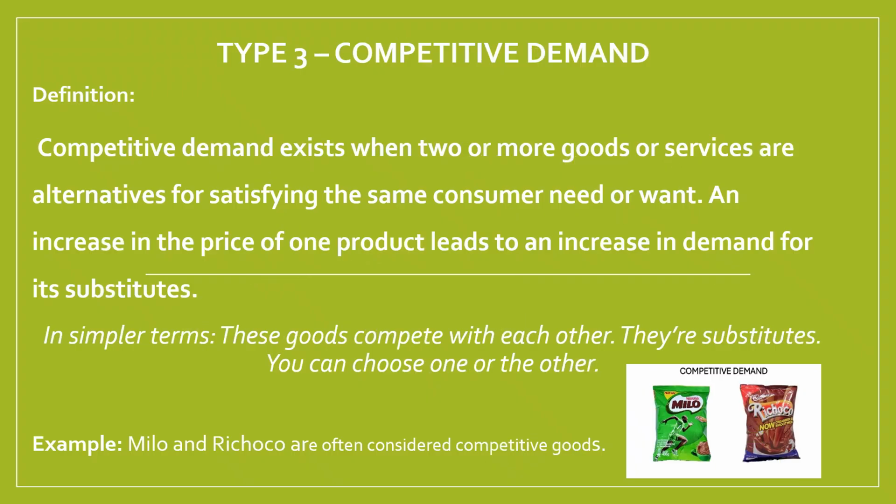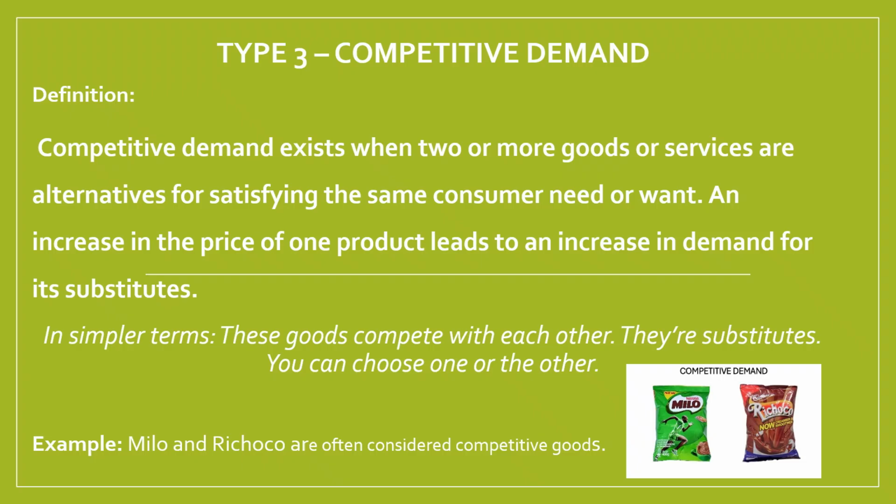The third type. Now let's explore the third type of demand, competitive demand. On another side, we also call it substitutes. Competitive demand exists when two or more goods or services are alternatives for satisfying the same consumer need or want.